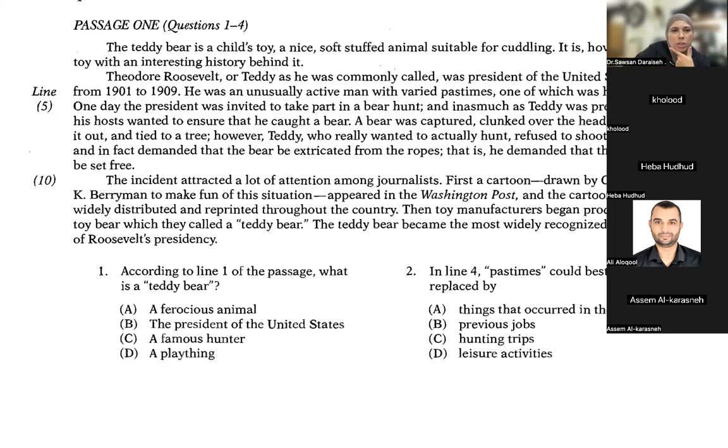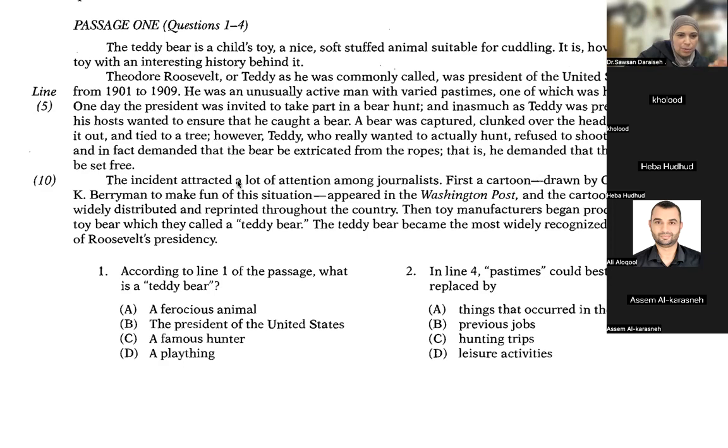And in fact, he demanded that the bear be extricated from the ropes. He asked them to remove the ropes. Extricated means to remove the ropes. That is, he demanded that the bear be set free. The incident attracted a lot of attention.